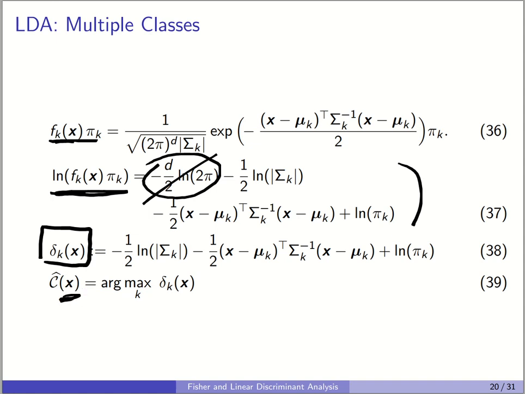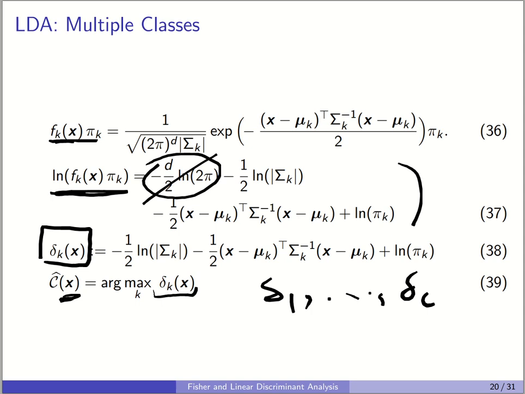In order to estimate or predict the class of a point, because we have delta 1 until delta c, we have c classes, whatever k maximizes the delta determines the class of that x.